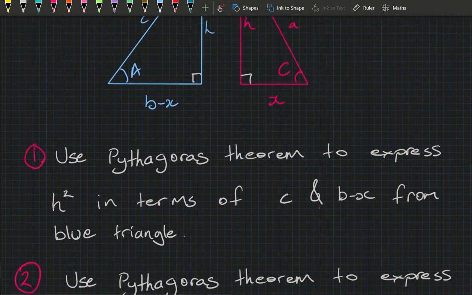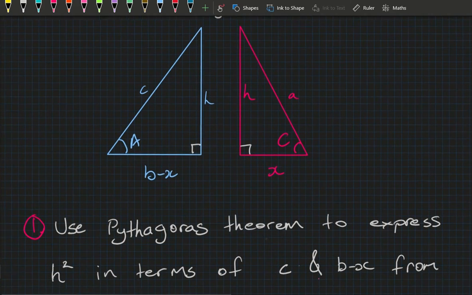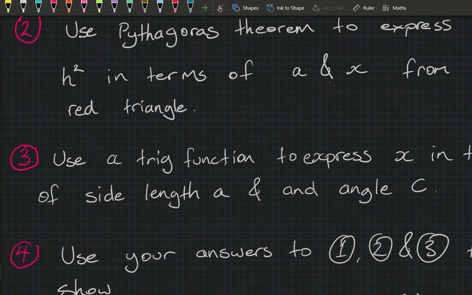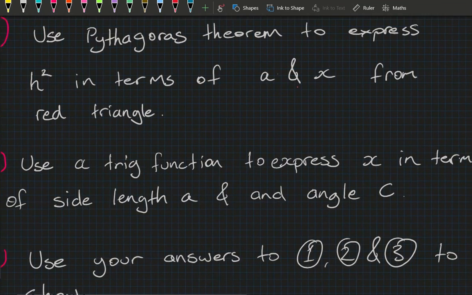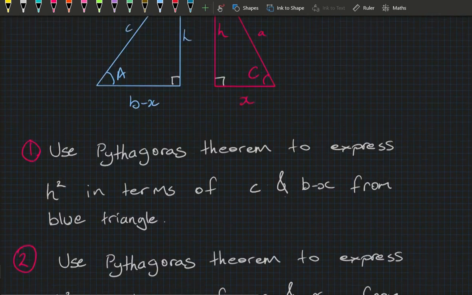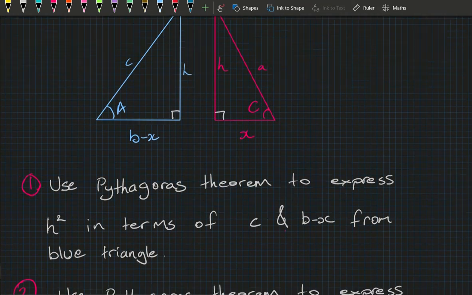I will have to scroll back up so you can see the red triangle there. What is h squared with respect to a and x? And then in part 3, use a trig function to express x in terms of the side length a and the angle C. There's our angle C, and there's x, and there's a. What is x with respect to C and a?